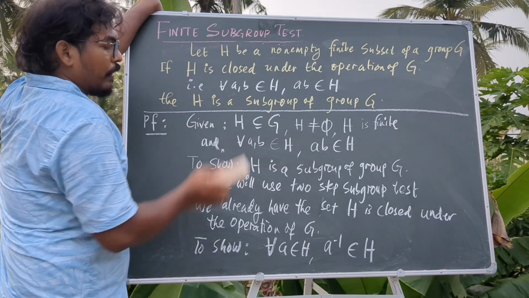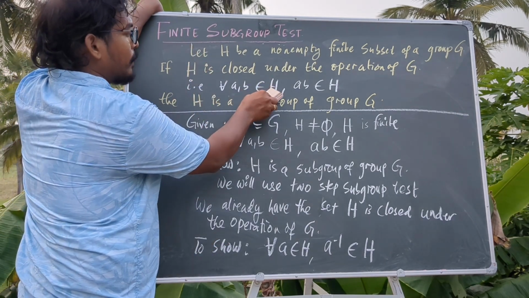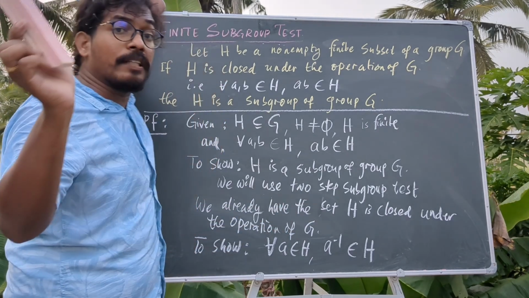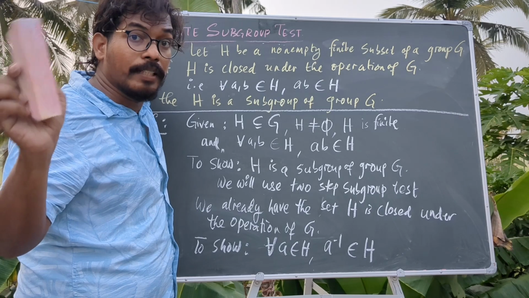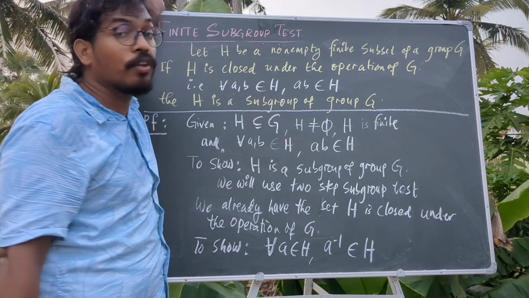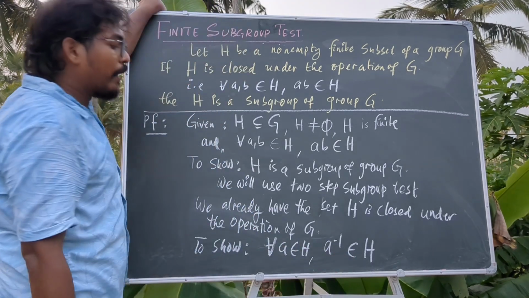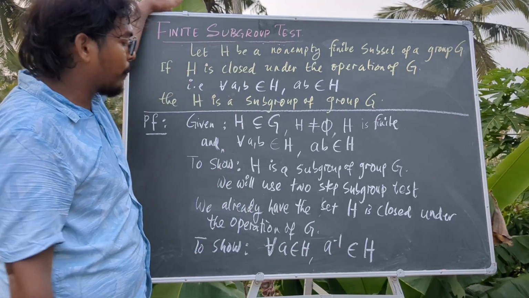So we will show that every element of the subset H has an inverse, and the two-step subgroup test also has the non-empty part. H should be non-empty, and we have H is non-empty here. So we will only show every element of the subset H has an inverse.